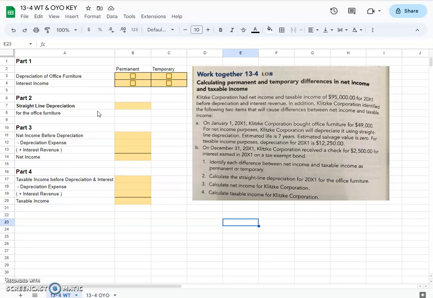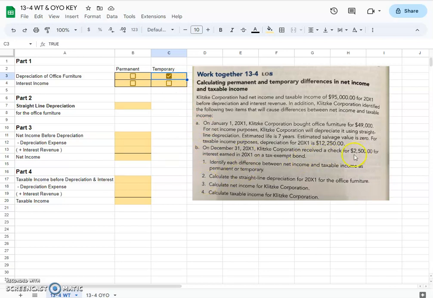But for that same asset, the company will usually use an accelerated method of depreciation for the calculation of expense to put against the taxable income. So this is usually a temporary difference, depreciation.